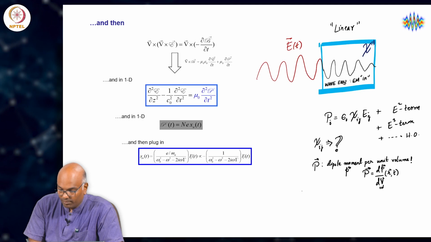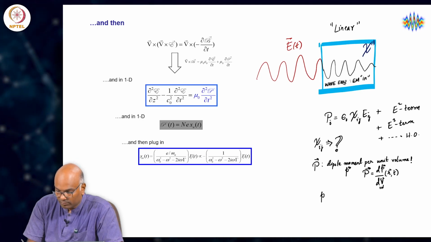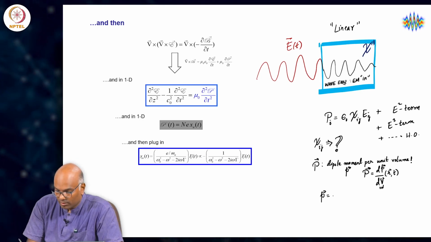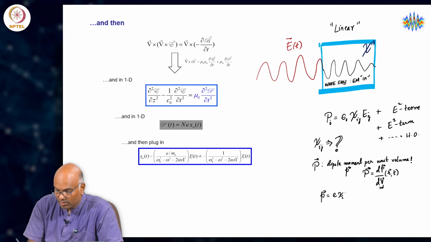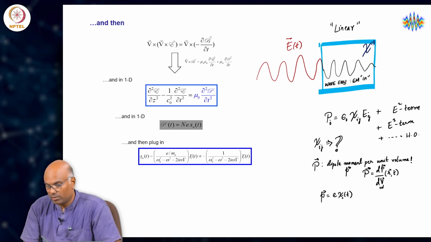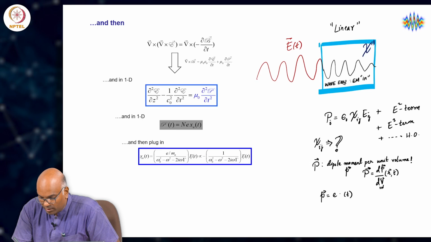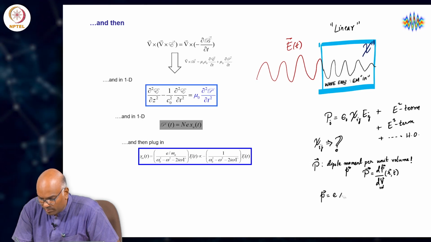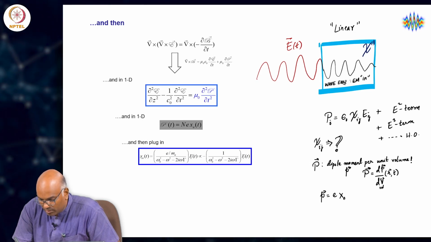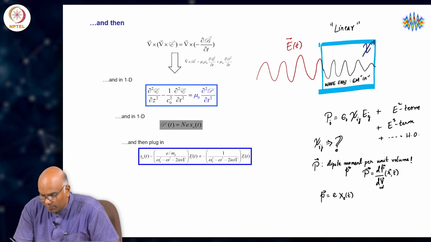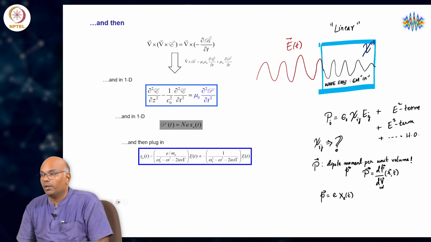But little p is e times x_e, okay, I should not write it like chi. So, let me write the x sub e carefully, alright.